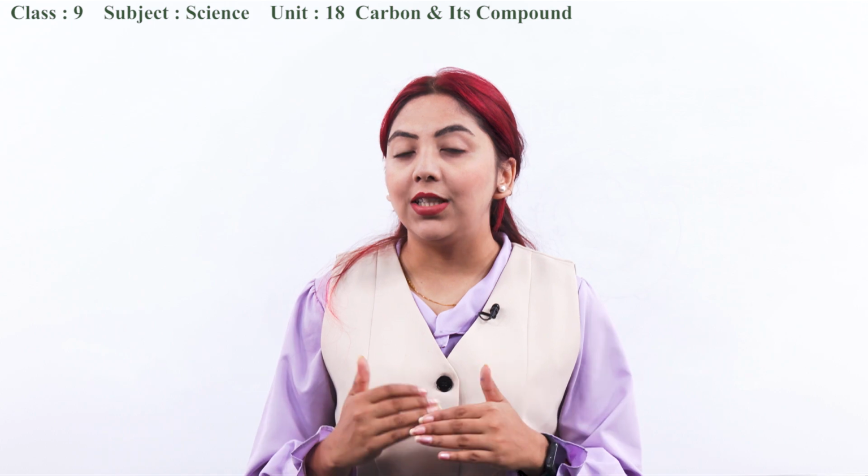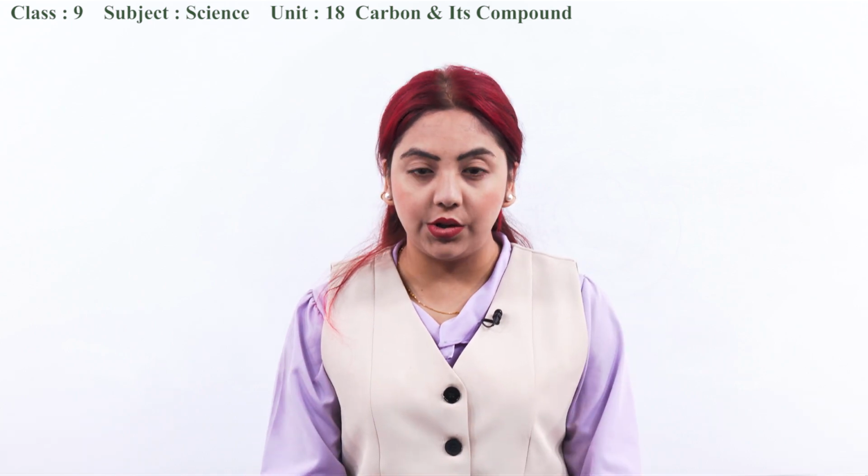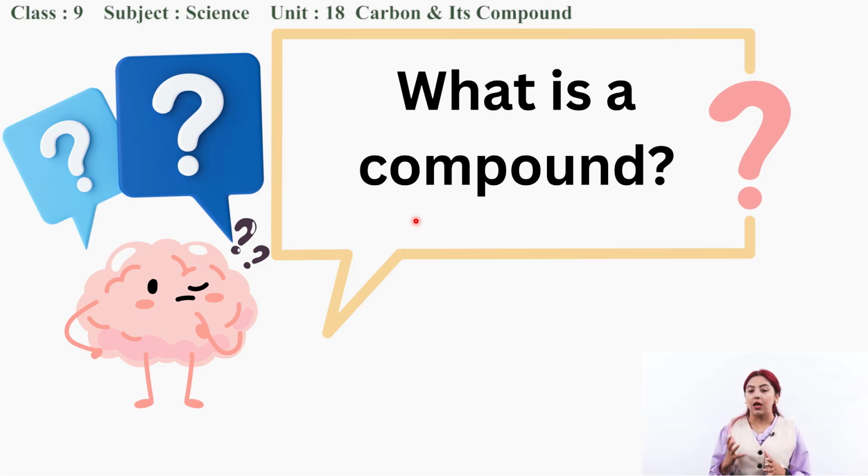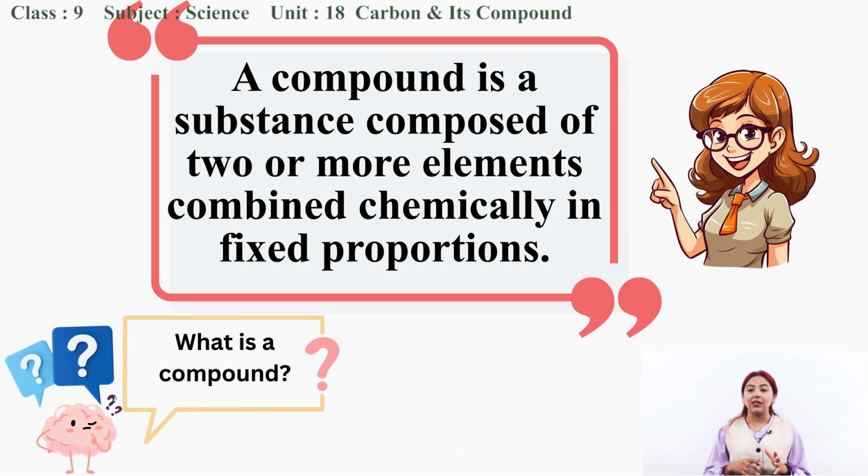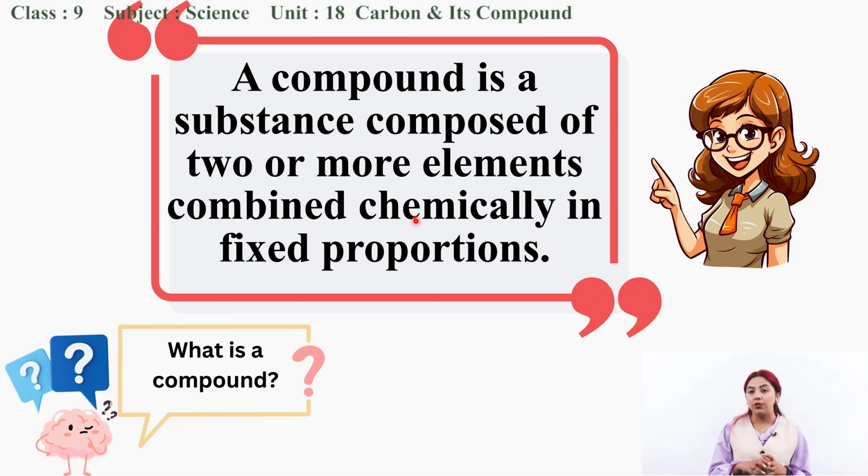So, before starting this chapter, I would like to ask you a question. So, what is a compound? Yes, a compound is a substance that is composed of two or more elements that are combined chemically in fixed proportion.